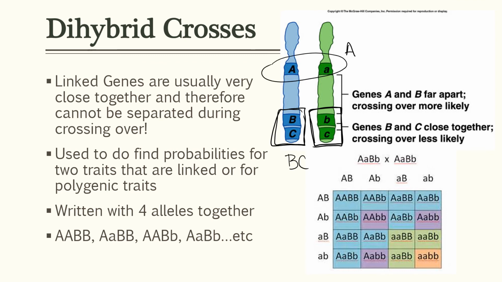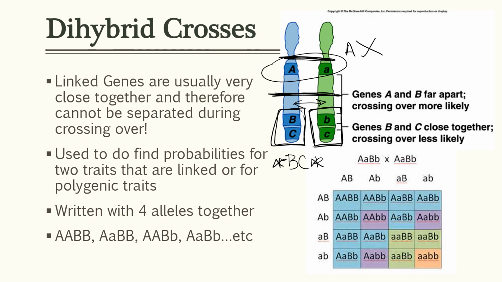So if we were to have a crossing over event, like what happens in meiosis 1, it's more likely that these B and C's are going to stay together and they're going to get separated from the A because the A is so much farther away. So we might cross over here and switch this information, but we don't often cross over up here and switch all 3 genes. So it's likely that B and C are linked and A is not.